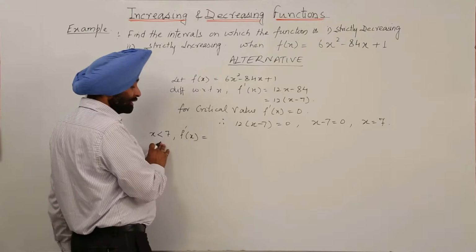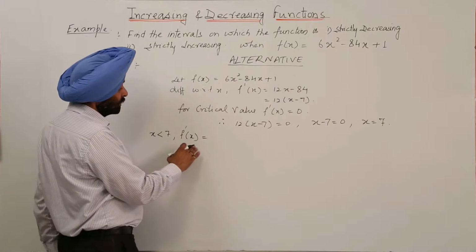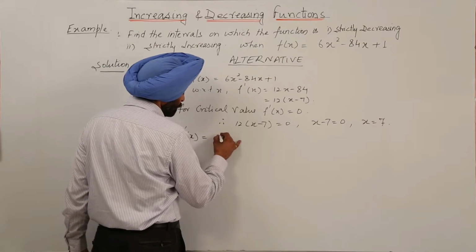Okay. Now less than 7, x is less than 7, f'(x) will be 12.